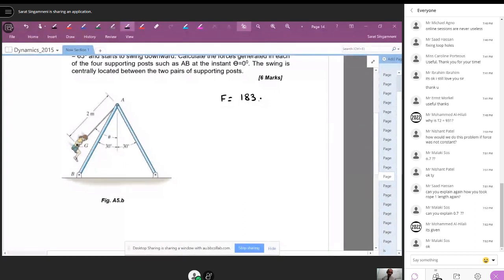I think it is 183.0633 Newton. Maybe 163. Just check that. But it's exactly in the same lines as the problem given in the class.